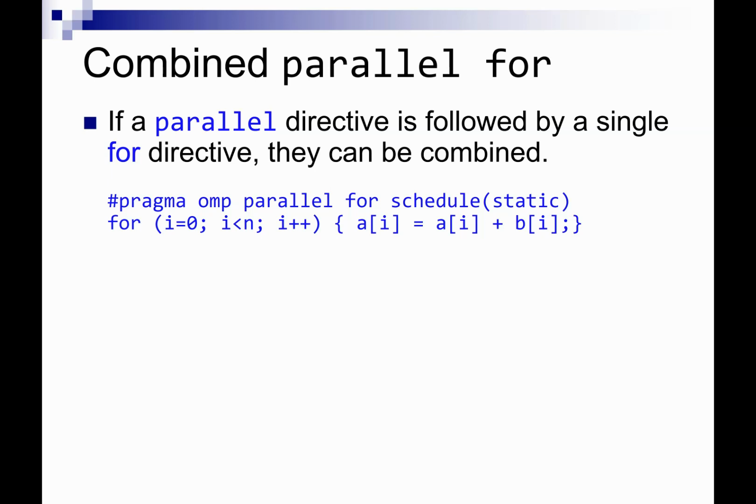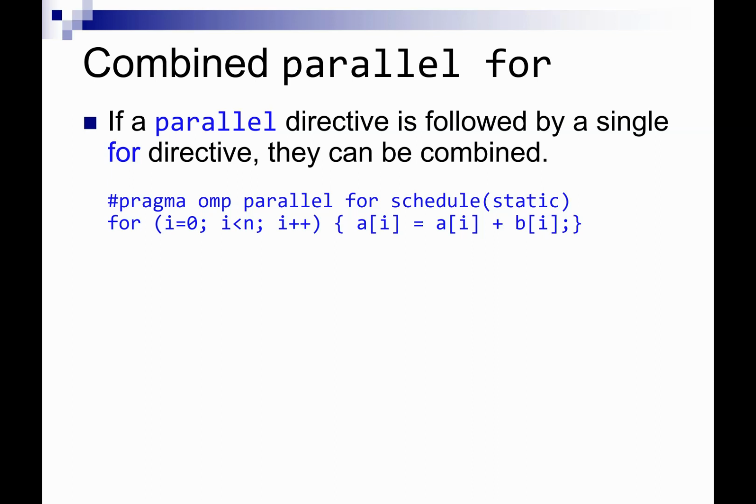Because you frequently need to parallelize for loops, you can combine the parallel directive with the for directive. Remember that previously we said in order to use a parallel for, you first have to go into a parallel region. To do that, you need to call pragma omp parallel. Once you're inside the region, you again need to call pragma omp for.